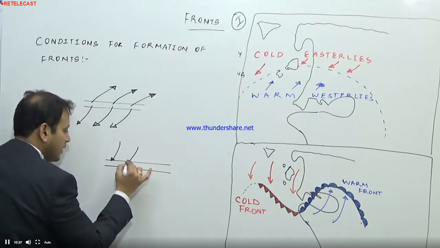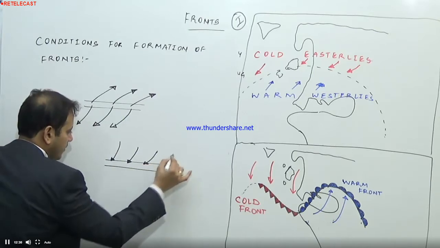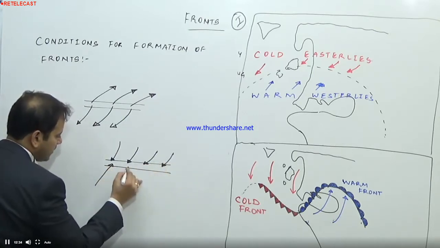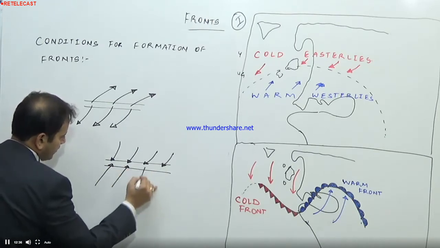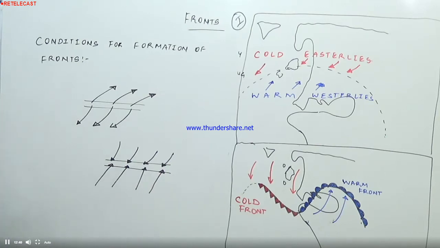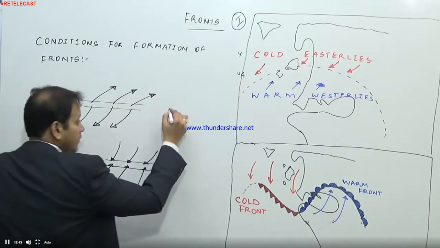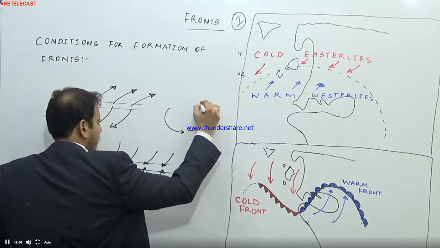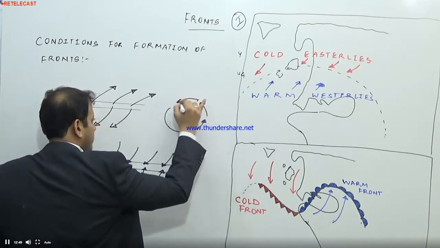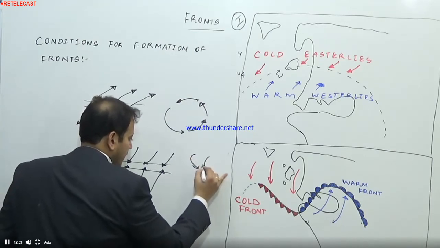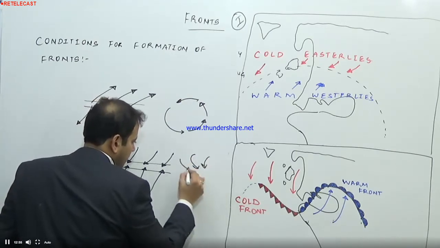For example, any low pressure belt, with winds from different directions. It can be in this form, that is, the winds are in circulatory motion. It can be in this form, the winds are coming inside a low pressure belt.